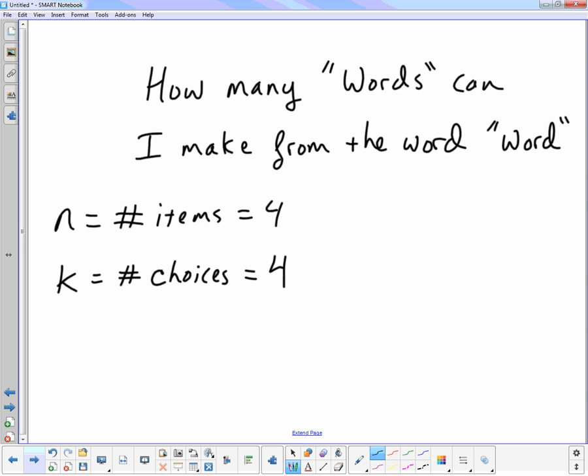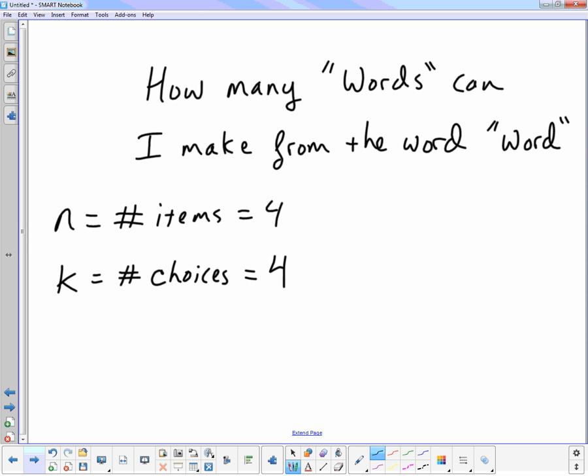Okay. So let's try 4-letter words out of those 4 choices. So it's 4 choose 4. Am I looking for a permutation or a combination? This is a permutation because order definitely matters.